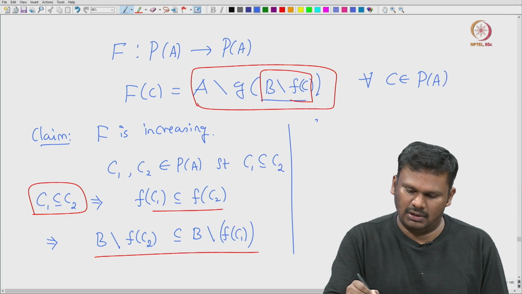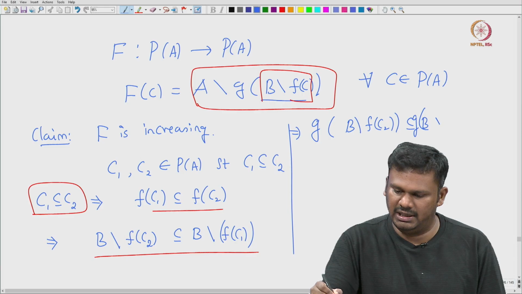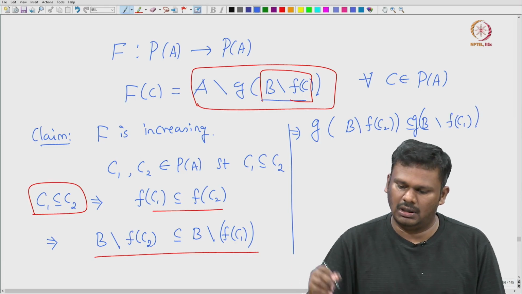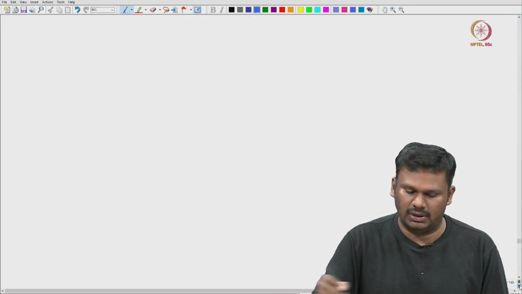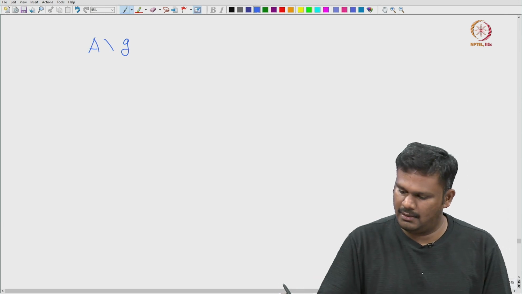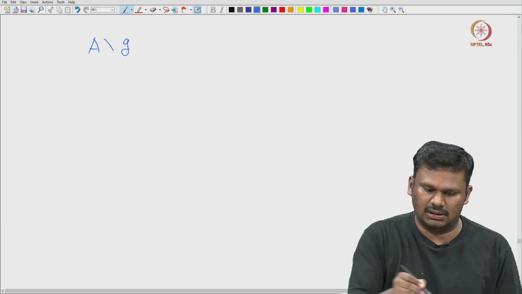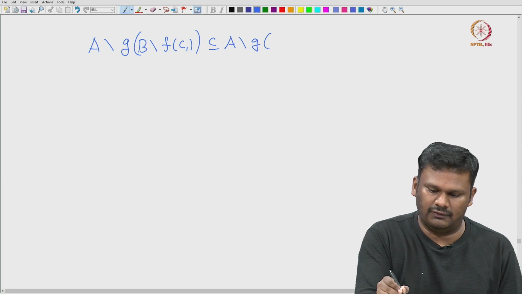So, from here we can apply G, that G of B difference f of C2 will be a subset of G of B difference f of C1. So, now if we take the complement of this inside A, then what do you get? You get A difference G of B difference f of C1, which will be contained in A difference G of B difference f of C2.